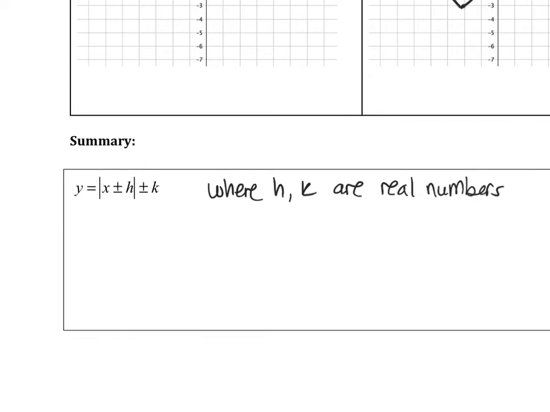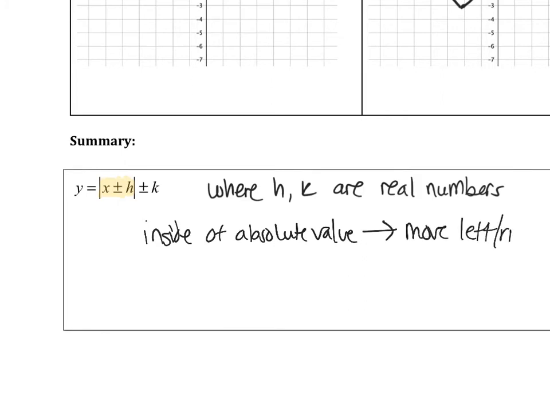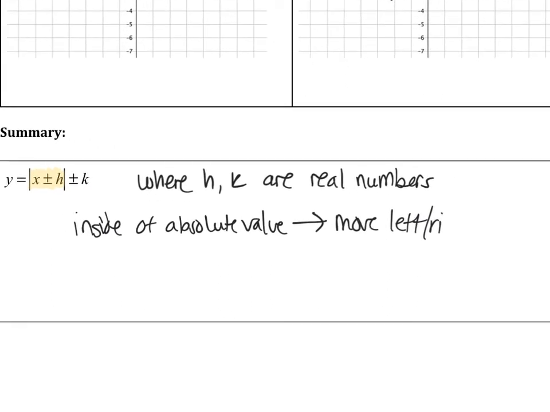So when you see an equation like this, what it's really telling you is whatever number is on the inside of the absolute value tells you to move left or right.